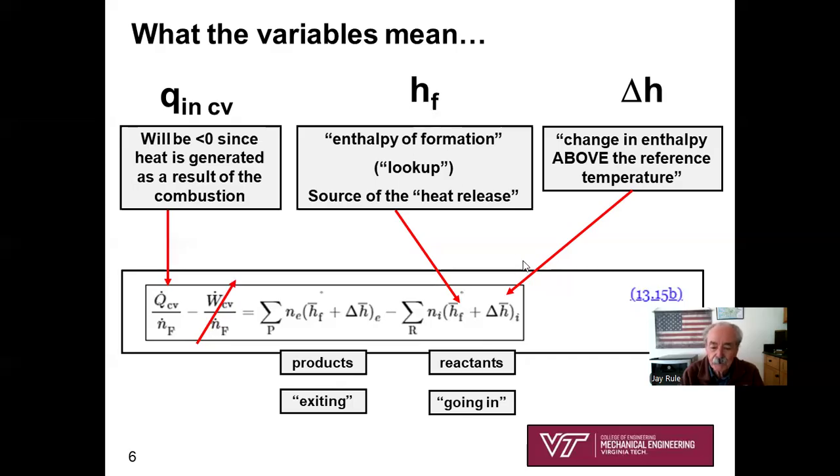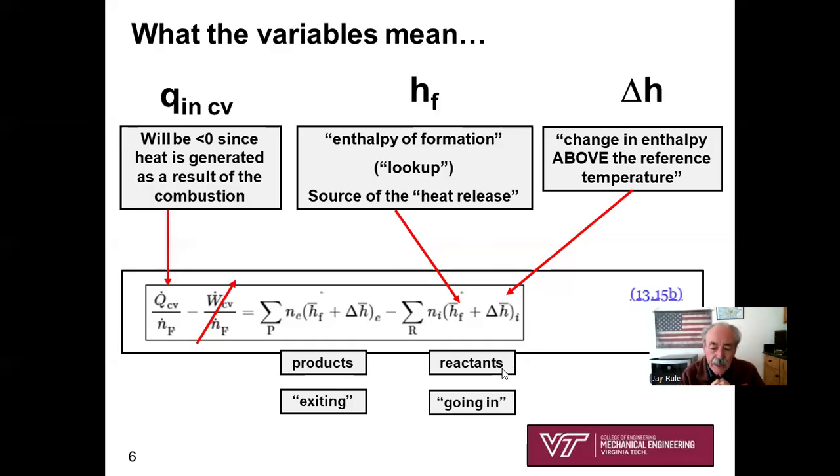The enthalpy of formation, now that's down at the chemical molecular level, okay? That's what's going to explain the heat release. The enthalpy of formation for the reactants, okay, compared to the enthalpy of formation of the products, okay?